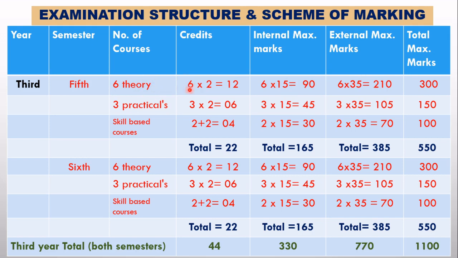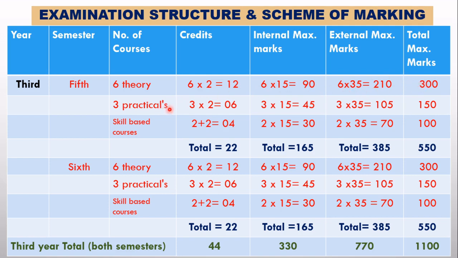So there will be 6 theory subjects, and each carries 2 credits, so 6 into 2 becomes 12. Internal marks are similar, 6 into 15 is 90, and 6 into 35 external marks is 210, so it becomes 300.